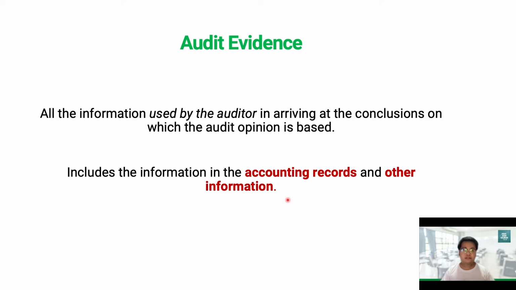Even information outside the entity, for example, analysis of financial experts, can also be considered as audit evidence under other information, if we use it in arriving at our conclusion or opinion in our audit. And this audit evidence will normally be obtained as part of the performance of our audit procedures.